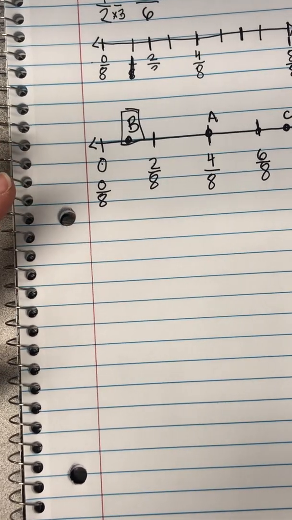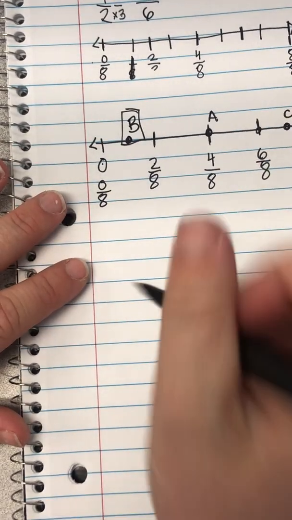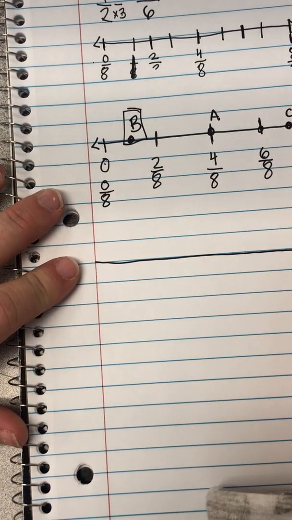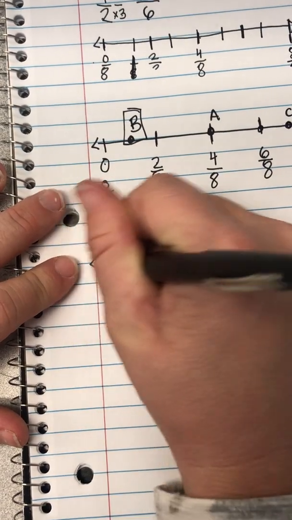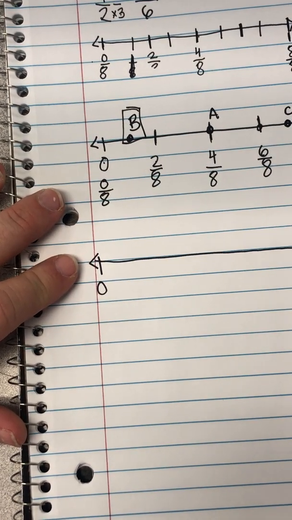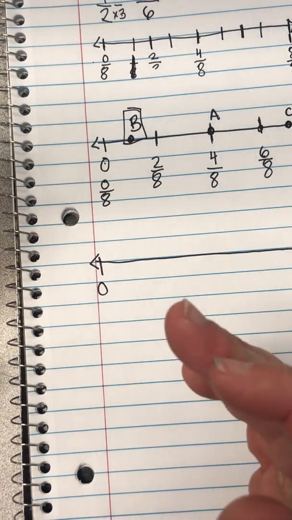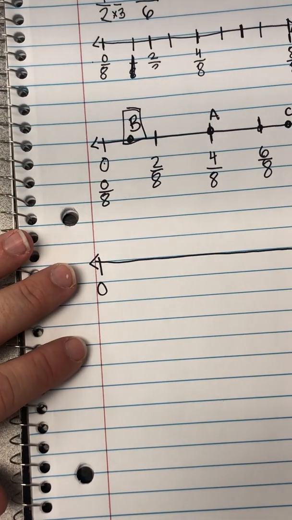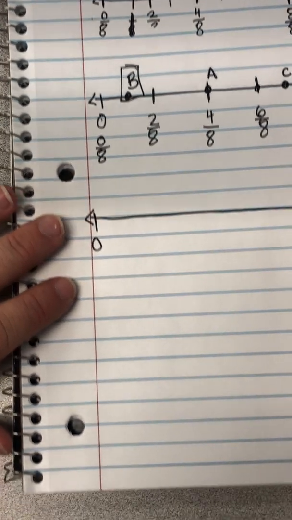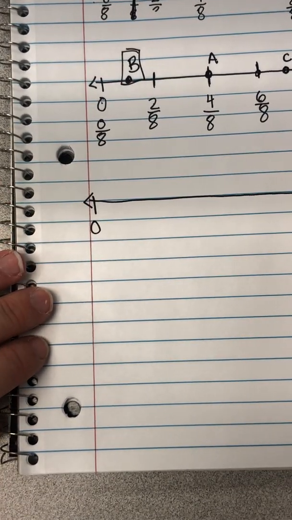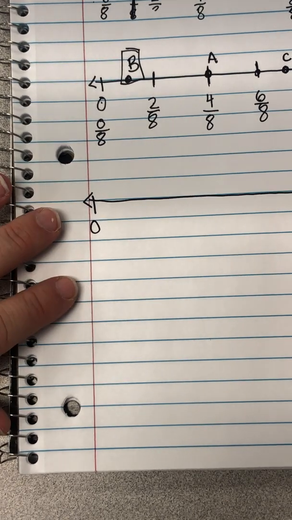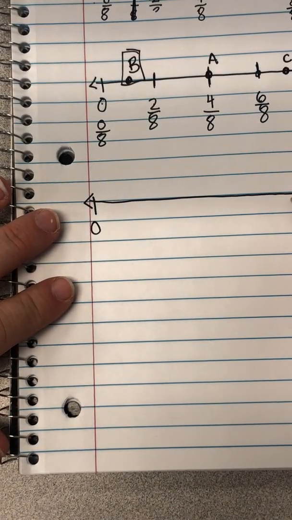So if it's broken up into fourths, my first one is 0, my last one is 1, because fractions are part of a whole. So how many fourths is a whole? 4 fourths equals 1 whole.